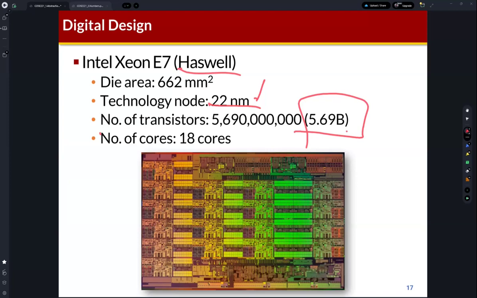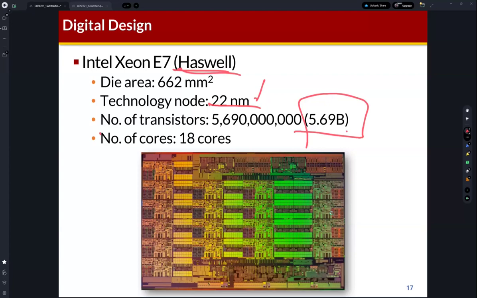I forgot the code name of the Intel CPU, but Haswell is some old generation of Intel CPU.